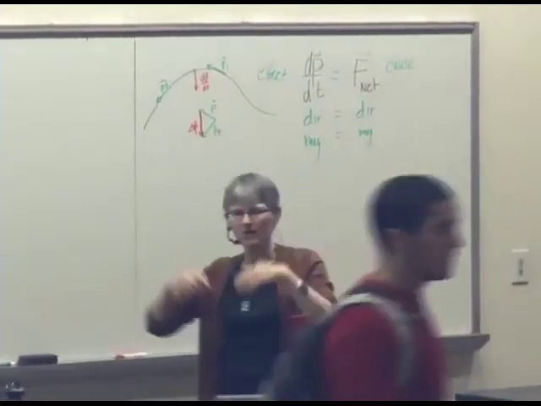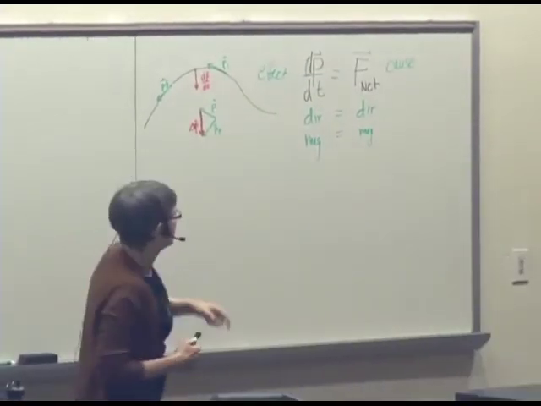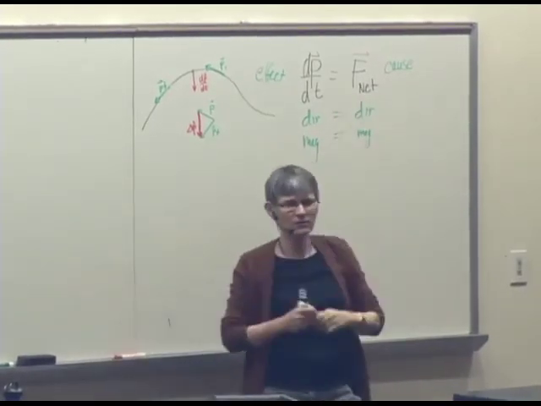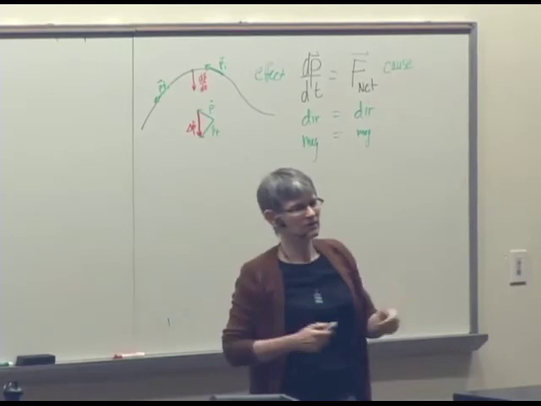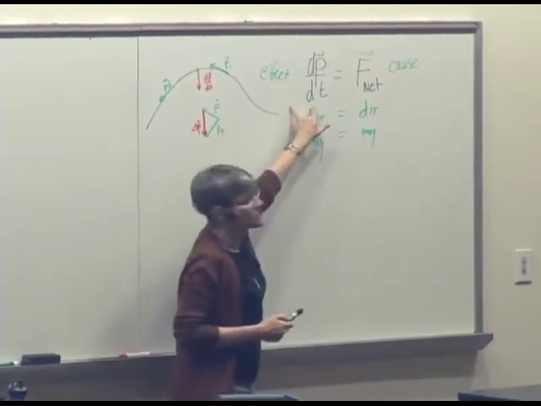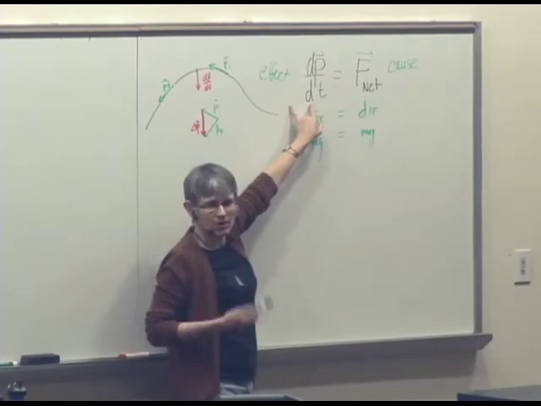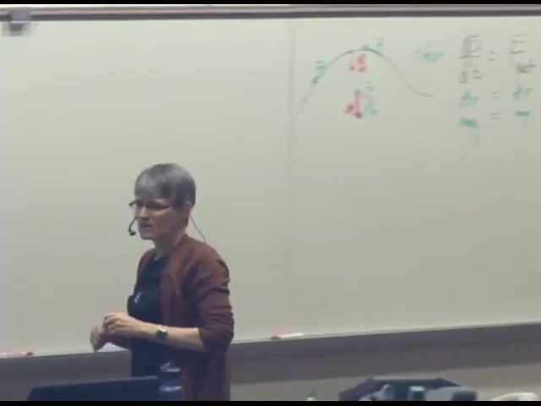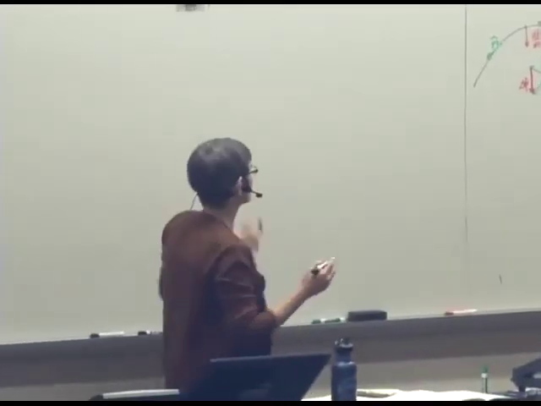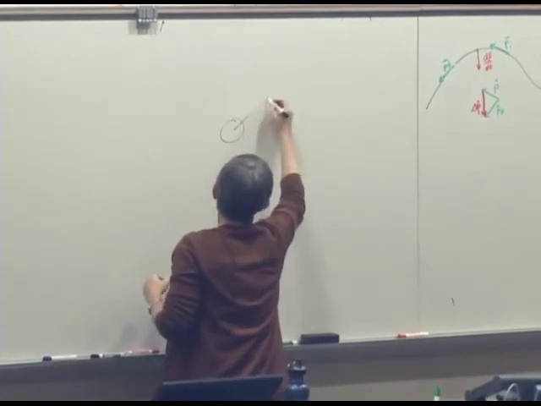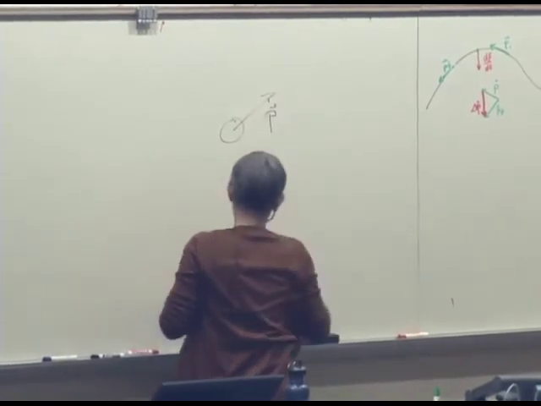We're going to think about parts of the net force that are parallel to momentum and parts of the net force that are perpendicular to momentum. And likewise, dp/dt, a component parallel, a component perpendicular. This is something we can do. So if we have, here's some object, a rock flying through the air with some momentum.